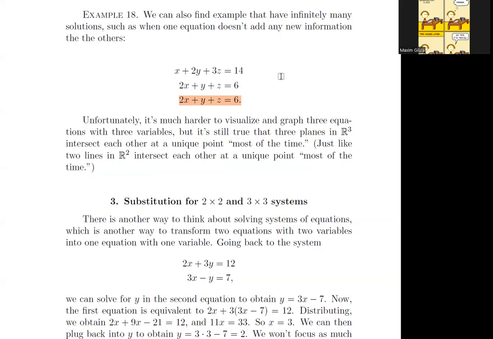Two planes intersect in a line, and usually three planes intersect at a point because a line intersecting a plane is usually a point. So when this happens, we see that there's a unique solution. When two of the planes are the same, or one of the planes doesn't give any new information, then we get a whole line of solutions. And we saw that line depended on z. We'll talk about equations of lines later on in the class.